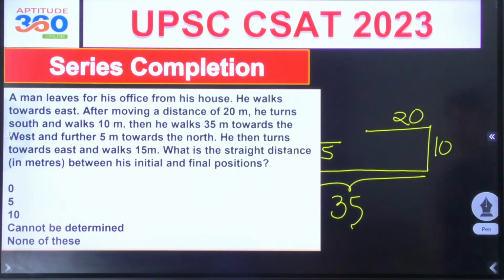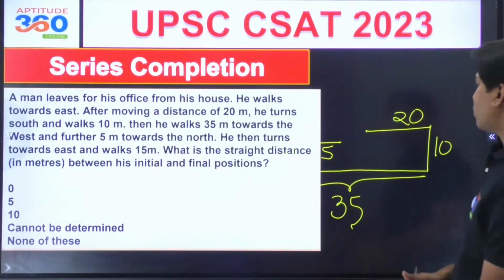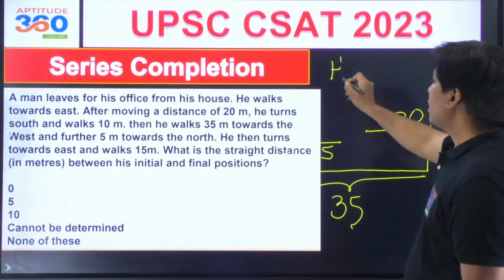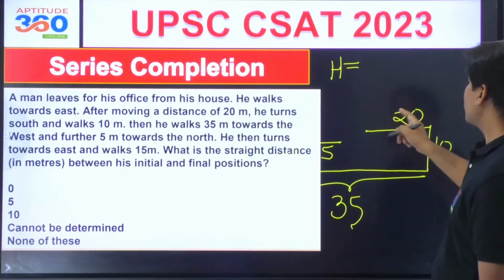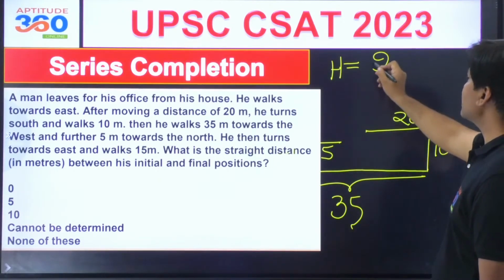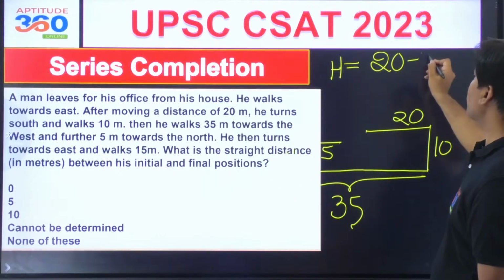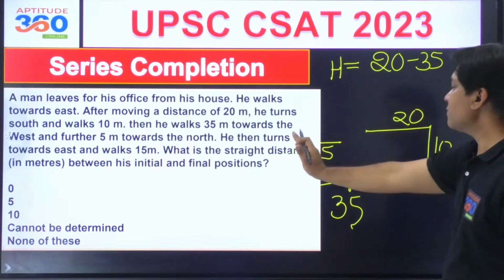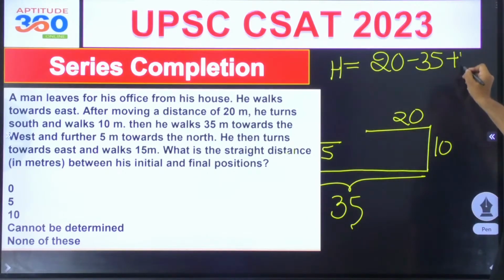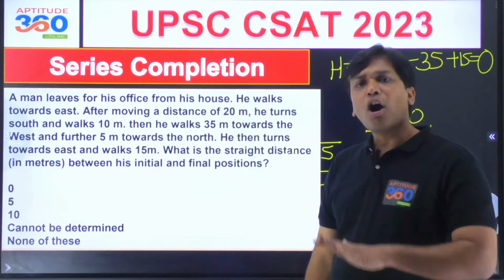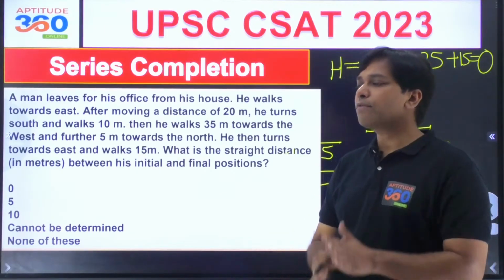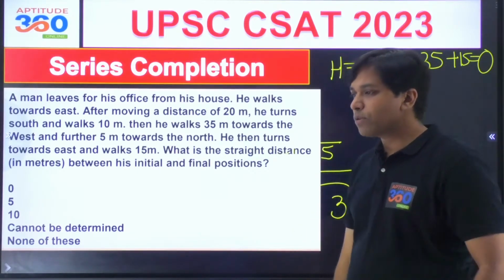So if you ever get confused, understand this. What is the horizontal distance? How much will the horizontal be? 20 you went on this side, isn't it, then 35 on the opposite side, so I will say 35 minus, and then 15 on this side, so plus 15. One side should be taken as positive, the other side as negative. Horizontal distance comes out as 0. You don't have to put in too much thought.